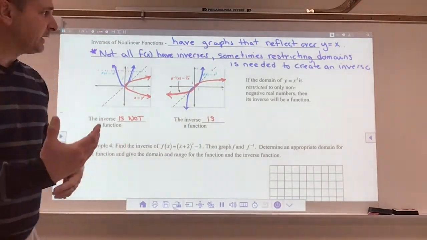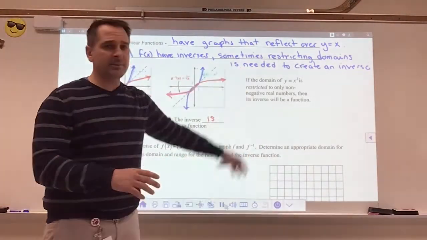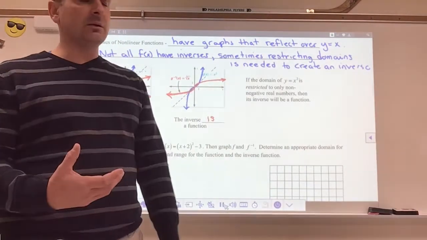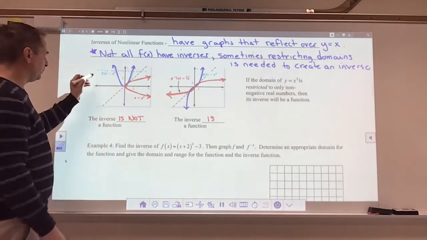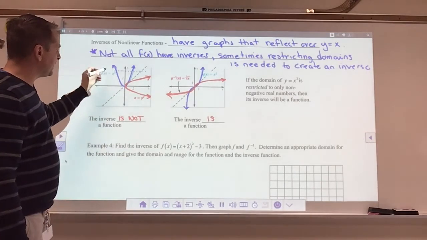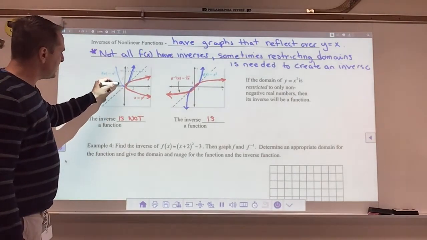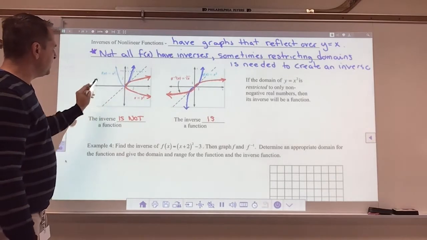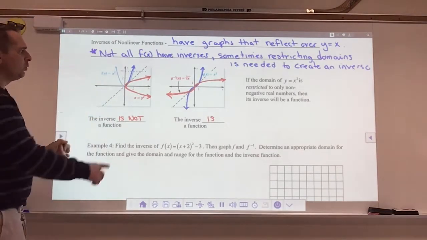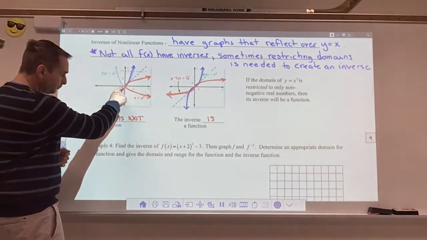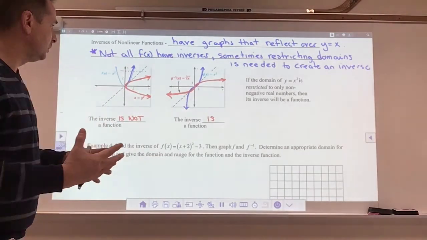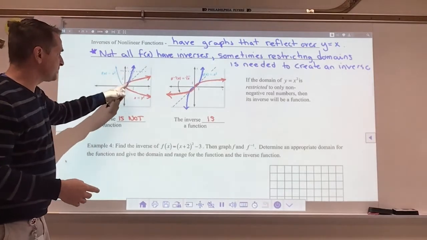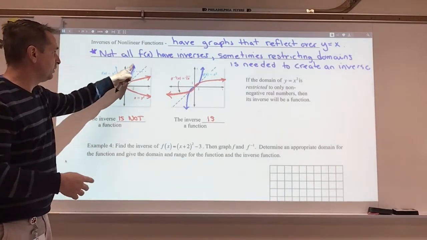Now, to briefly look ahead, the second part here: sometimes we restrict our domain. What does that mean? Well, if I go back to this first example, and I take away this half of the original function, meaning I say we're only going to work with positive values of x, x has to be greater than or equal to 0, so we have 0 and above, we only have this part of the curve.